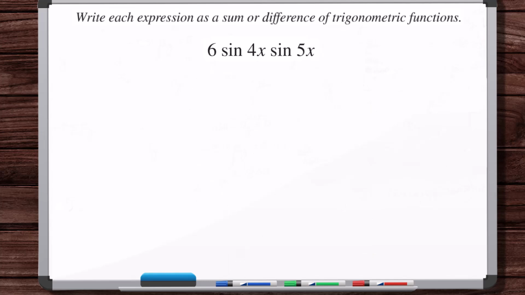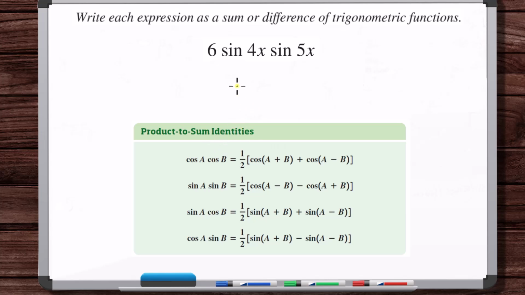Okay, let's see. We've got sine of an angle times sine of an angle here. So A is 4x and B is 5x.